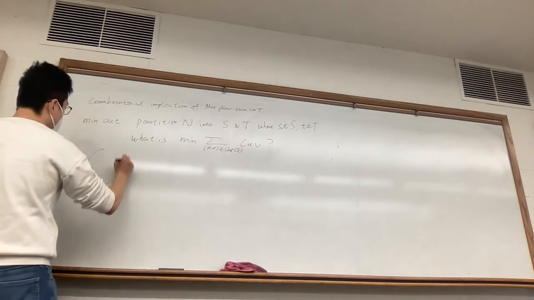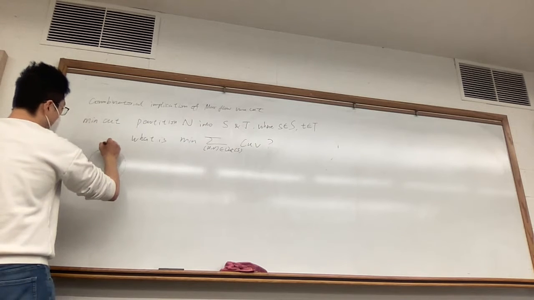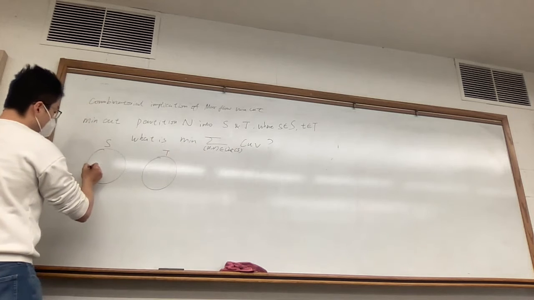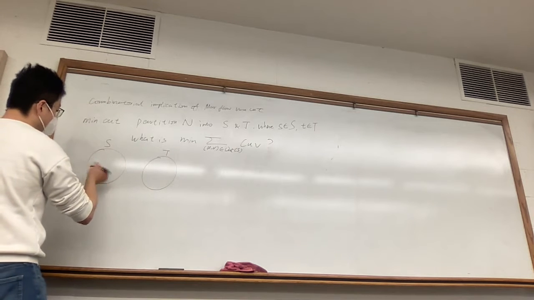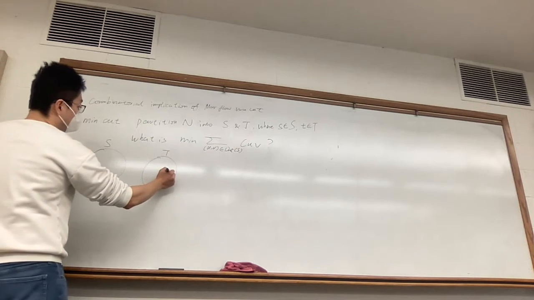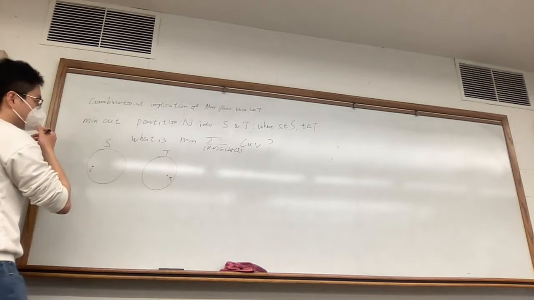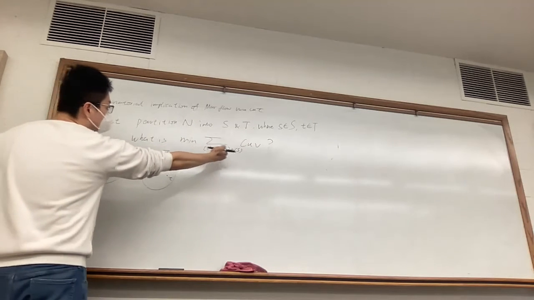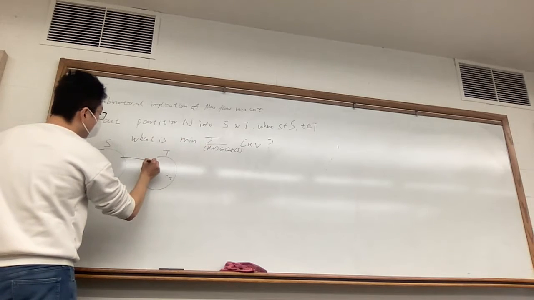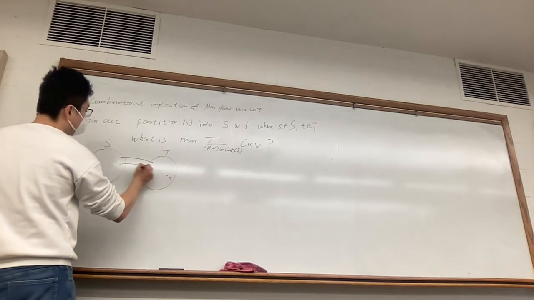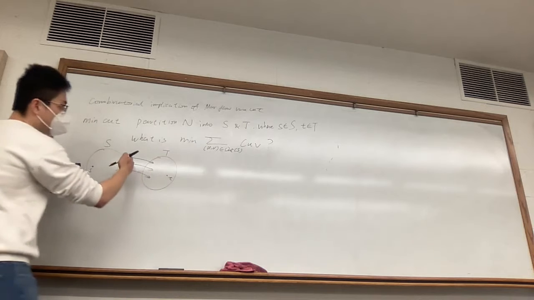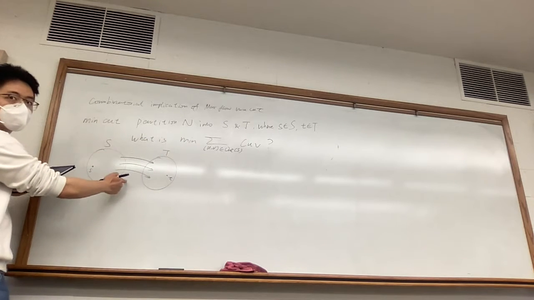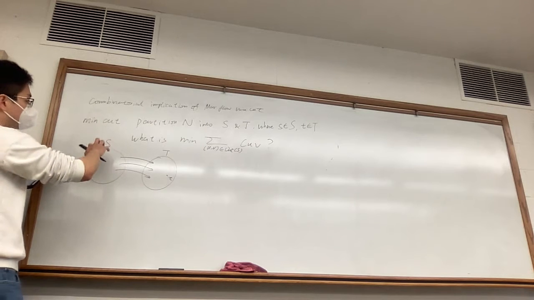Say this is the capital S, and this is the capital T. You need to make sure that your source node is in the capital S, and your sink node is in the capital T. Then (u,v) in E with u in S and v in T means that for all the arcs that go from S to T, you want to minimize the capacity of these arcs. That's to say you need to divide the nodes into S and T.